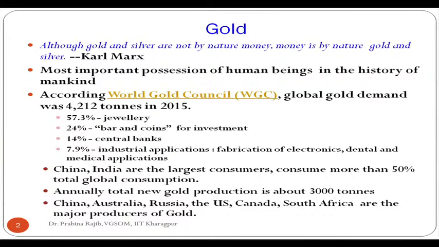And how is this 4,212 tons used? A majority portion of gold is used in jewelry form, followed by investment purposes in the form of bars and gold coins. Central banks of almost all countries hold gold as part of their reserves, and central banks are the third largest category of investors, and only 8% of gold is used by industrial applications.